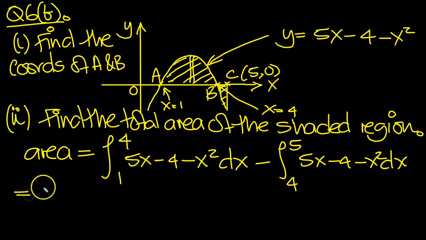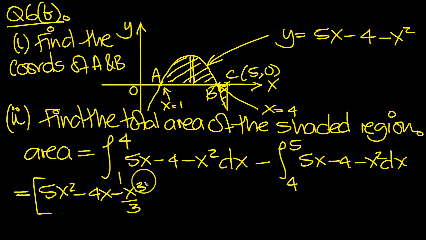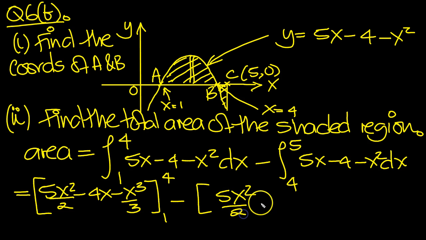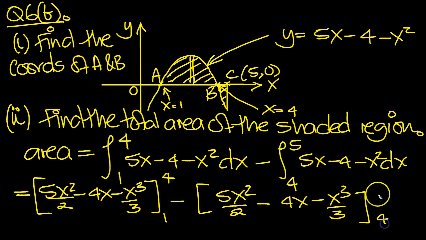So that equals then, let's integrate: 5x squared over 2 minus 4x minus x cubed over 3, and that first integral would be between 1 and 4, minus the same integral, so it's 5x squared over 2 minus 4x minus x cubed over 3, and that would be between 4 and 5, wouldn't it?